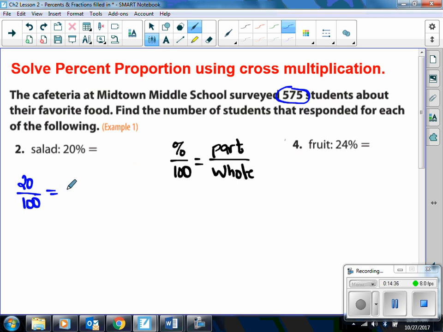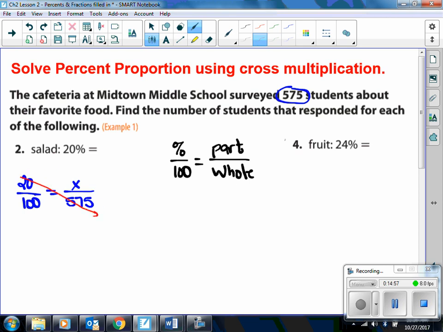So the whole thing is the 575 students. That's all of the students. So that's 575 that goes in the denominator. And the part of the students that like salad best is what we're solving for. So now we're going to cross multiply.